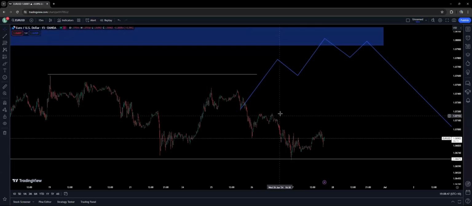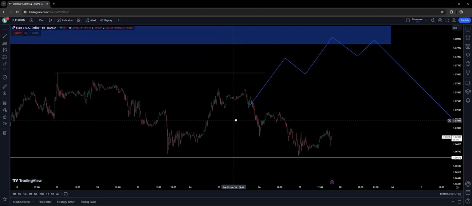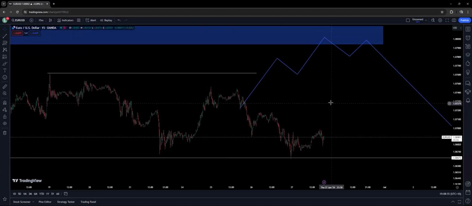So, following the thinking line here, we need to understand those moves. Everyone is already guided to know that the euro dollar is basically the opposite of the US dollar index. Everyone knows that, because the US dollar index is basically a basket of currencies.